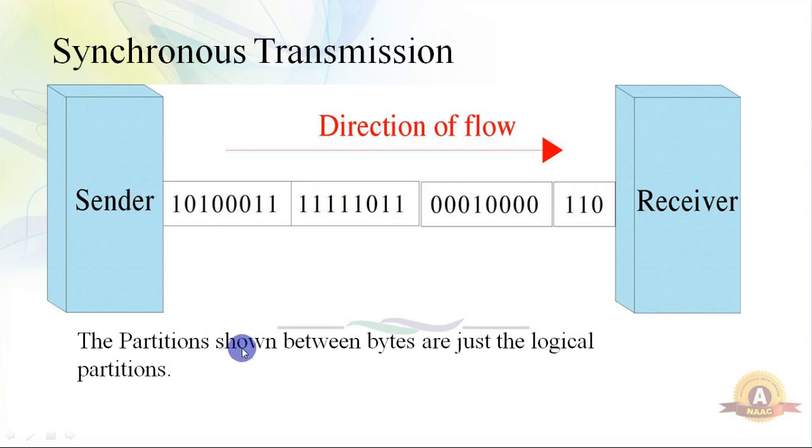So the positions shown between the bytes are just logical positions. अब ये जो सेंडर यहाँ से जो डेटा सेंड करेगा, सो वो एक टाइम का एक बाइट बना के इसको सेंड करेगा. एक एक बाइट उसको जो डेटा है वो सेंड करेगा, that is a frame or packet. After receiving, this is the receiver's duty कि वो जो स्टार्ट और एंड बिट क्या है वो उसको सेपरेट आउट करने का काम ये रिसीवर करता है. So this is the diagrammatical representation of synchronous transmission.